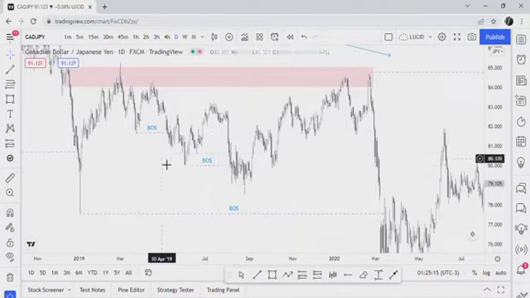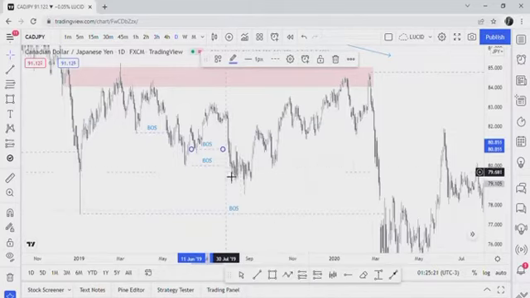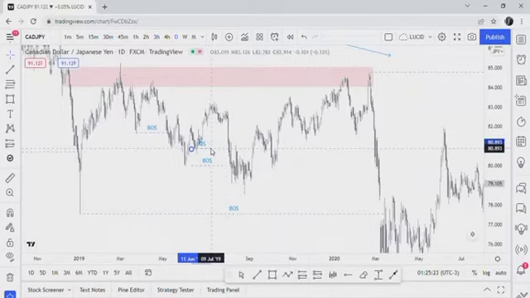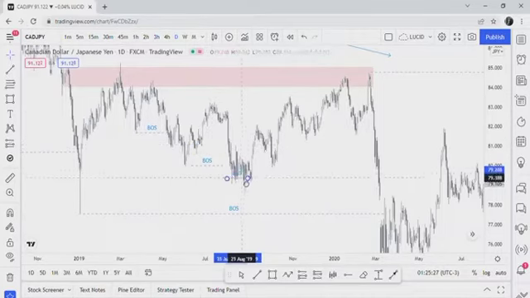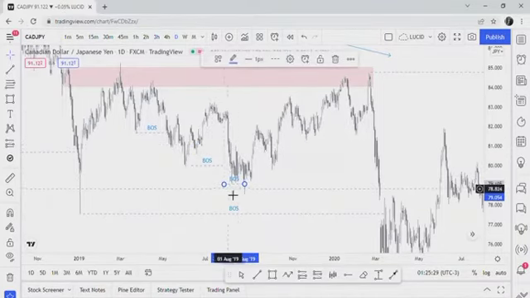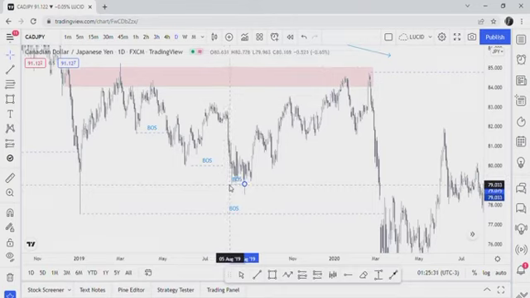Another break of structure here. Then we broke structure to the downside from here, because price printed this low, then gave this high, then broke this low.